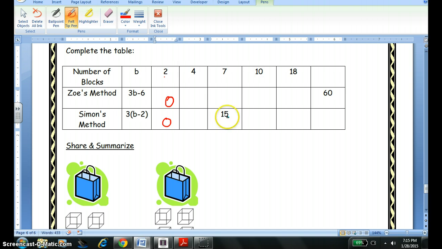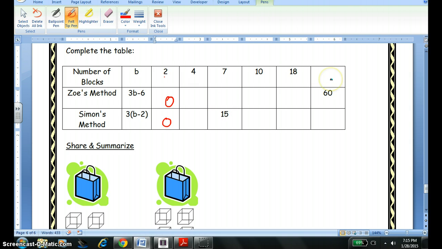So I end up with 15 blocks total from the 3 bags. So when using Simon's method, I'm thinking, what number can I take 2 away from, multiply it by 3, and get 15? And there's my 7, and hopefully that's what works. And if it did work, then I know that I did the substitution correctly. And if I substitute the 7 here into the B, then I know that I should get the same number, 15.